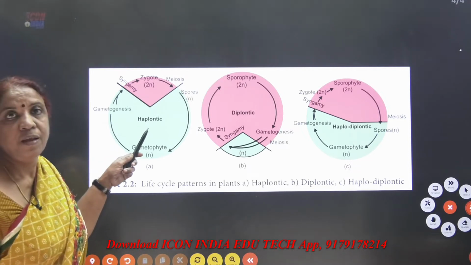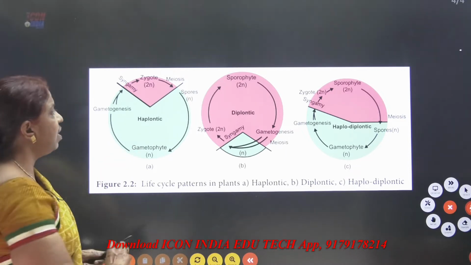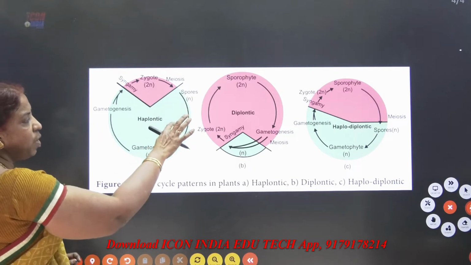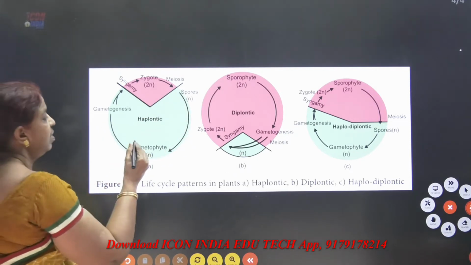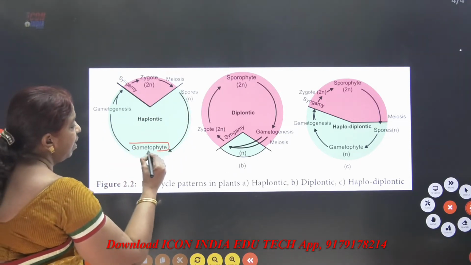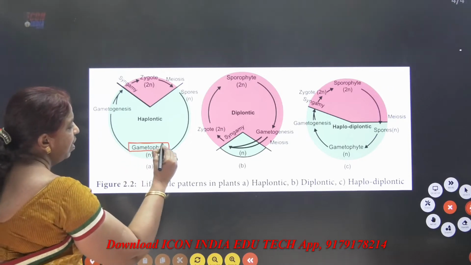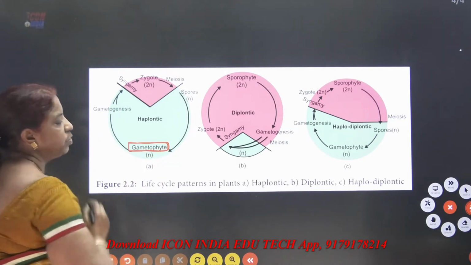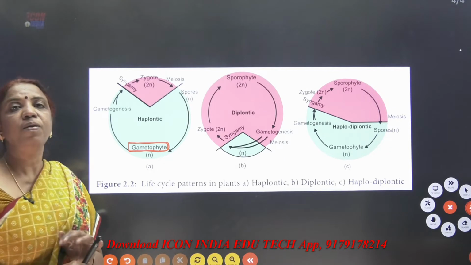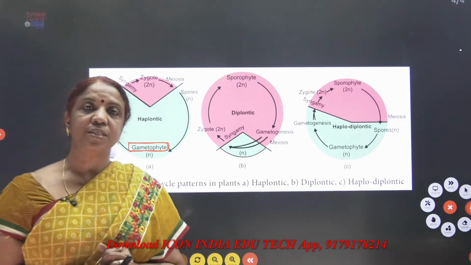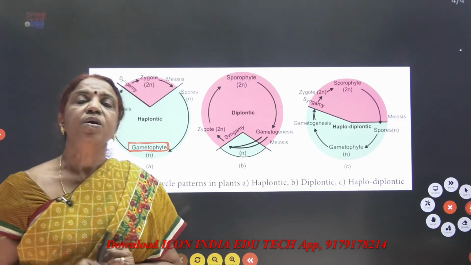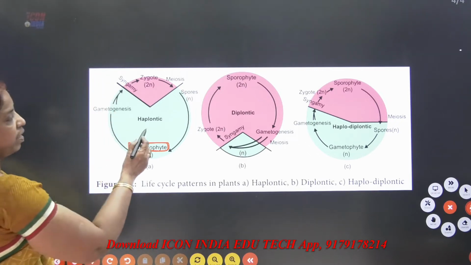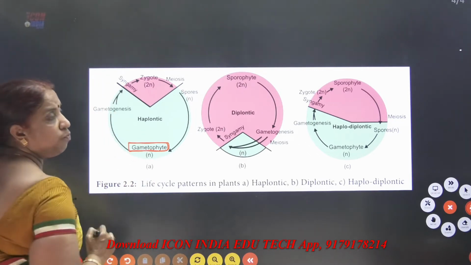The dominant phase is the complete green one. The dominant phase is the gametophyte, a haploid gametophyte, multicellular, independent and photosynthetic.